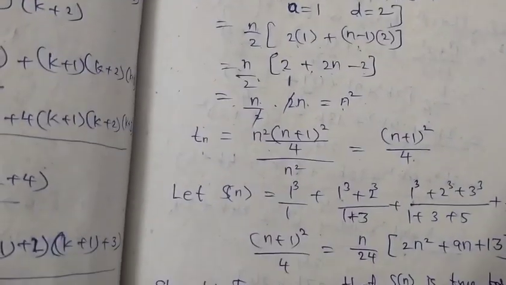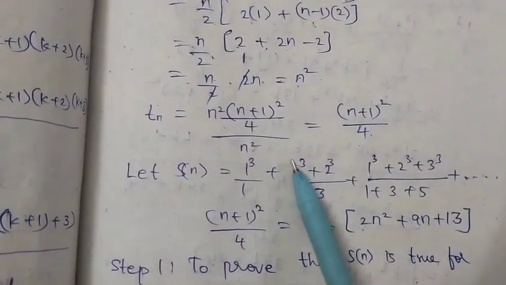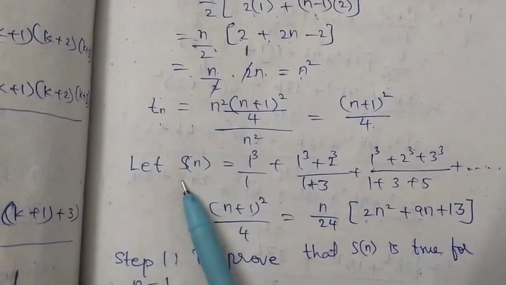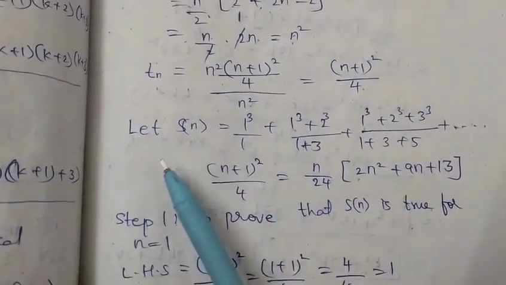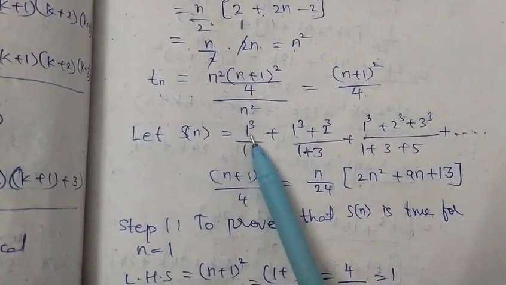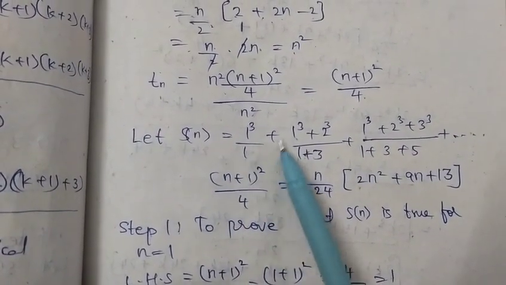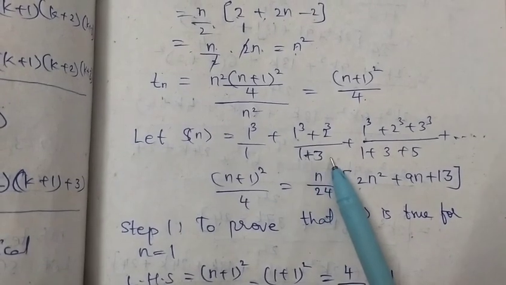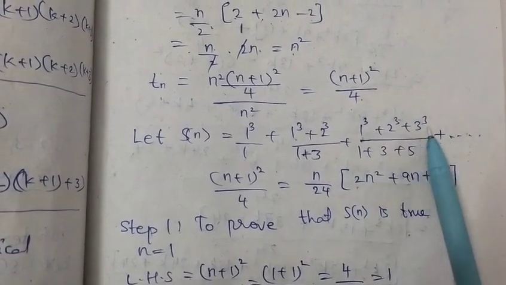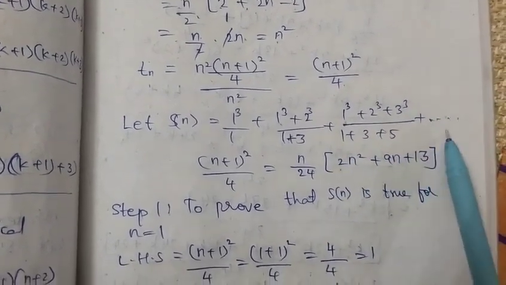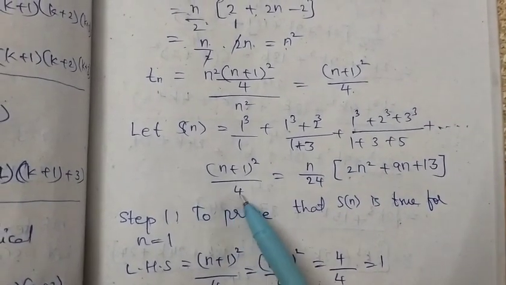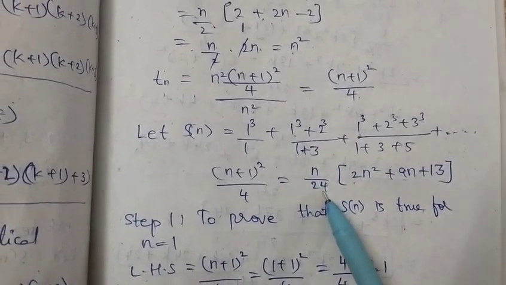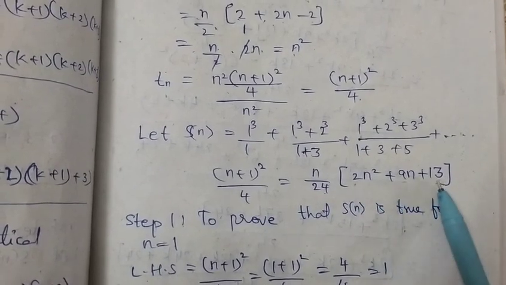Now let's suppose the statement. Let the statement be 1 cube divided by 1 plus 1 cube plus 2 cube divided by 1 plus 3 plus 1 cube plus 2 cube plus 3 cube divided by 1 plus 3 plus 5 plus so on, till n plus 1 whole square divided by 4, which is equal to n by 24 into 2n square plus 9n plus 13.